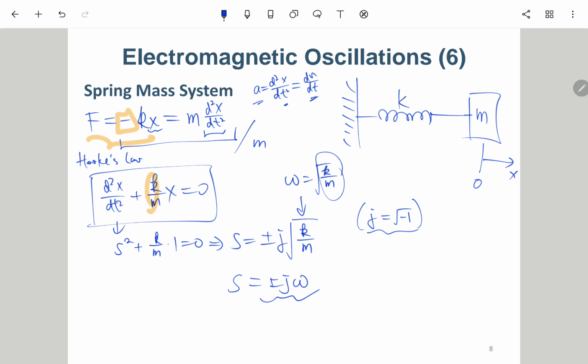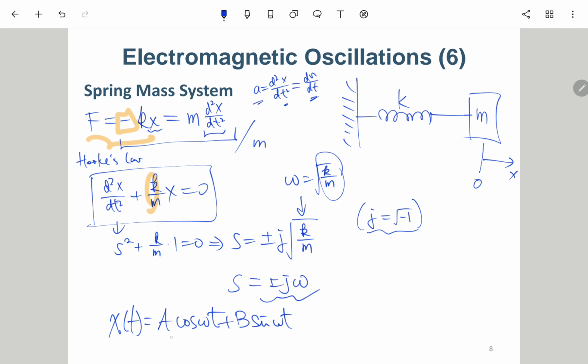as much as we have these roots for the characteristic equation, the solution x of t will be like a times cosine of omega t plus b sine omega t. Okay, if you still remember. If you don't remember, you try to study the slide before.